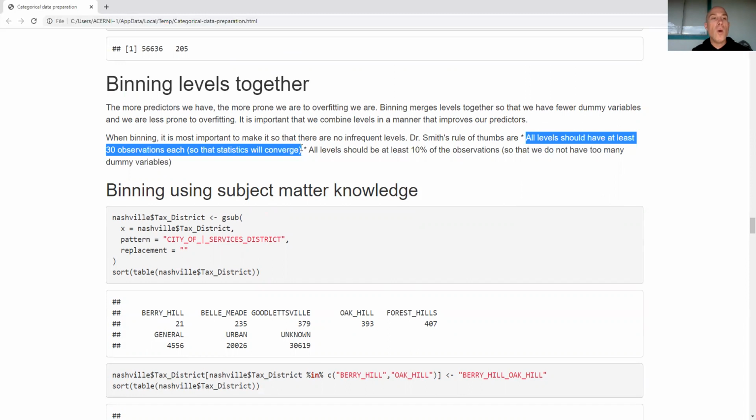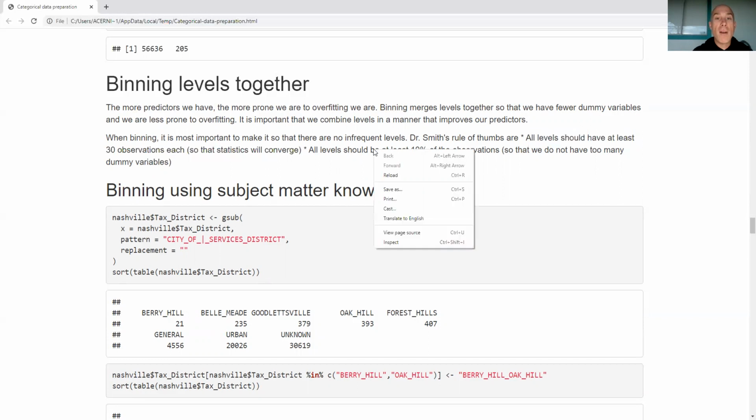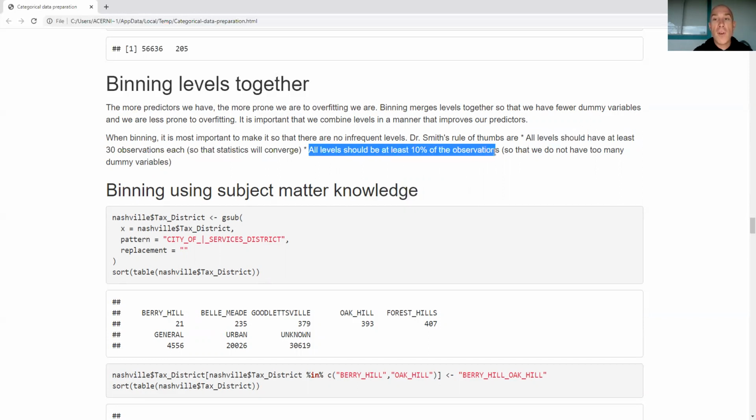We want to make sure that any parameter estimates, any conditional statistics have converged. So I want things to converge in the mean for sure. So I say at least 30 for each level. Now, I want all levels to have at least 10% of my observations.